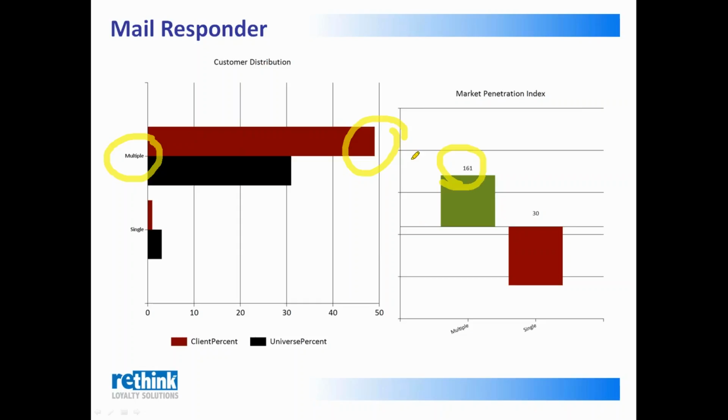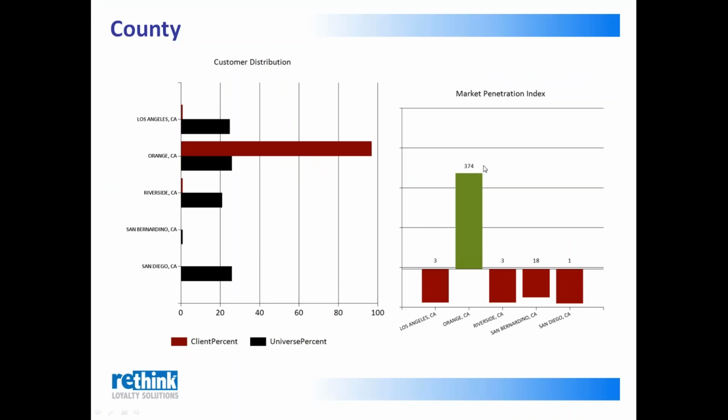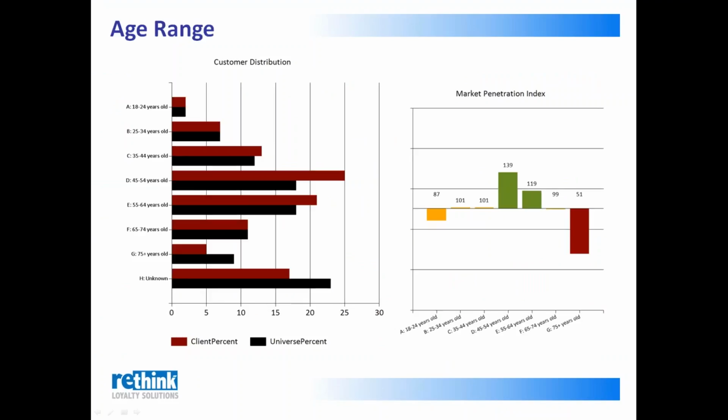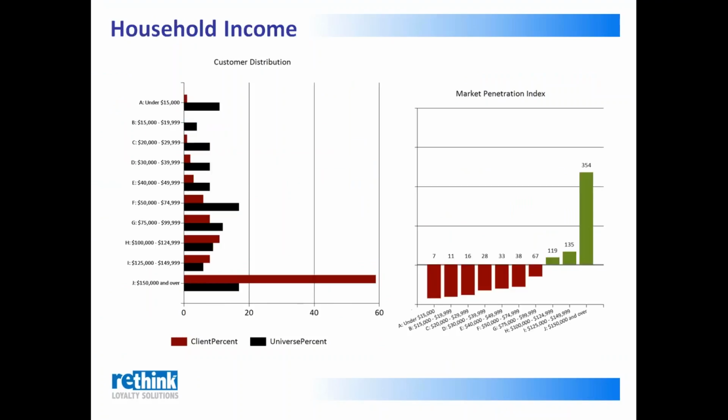And I don't know if you've noticed this trend, but it's a lot harder to achieve a high index value when there's only 2 value ranges in the variable. So something like county, right, where there's 3,200 counties in the U.S., it's a lot easier to achieve an index of 374 when you have 3,200 counties to choose from, or income, right?